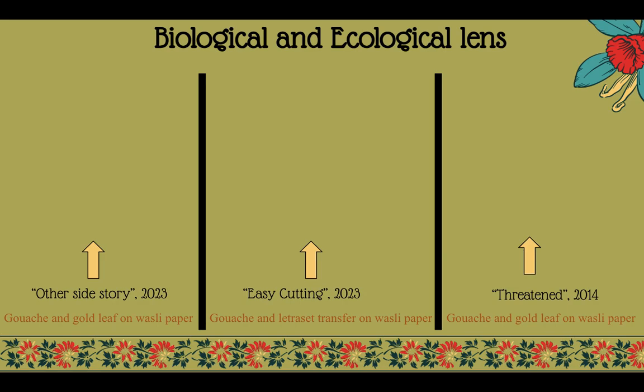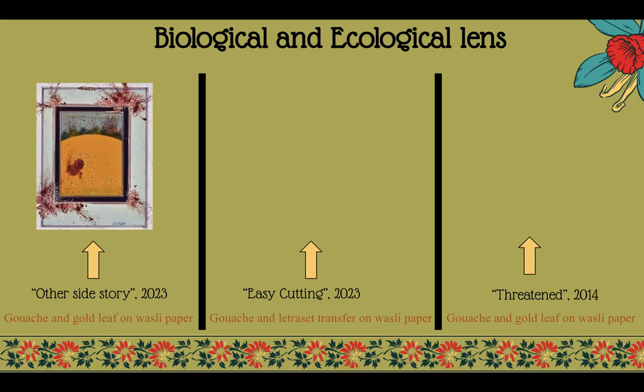Also, he uses an organic dye named henna, which is widely used in Pakistani culture. And this not only ties his art into the natural world, but also to his cultural roots.